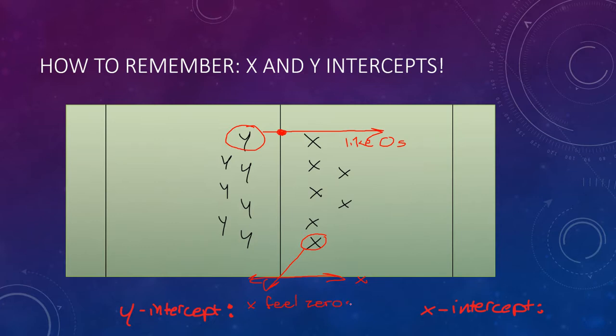And the reason why is because if you graph it, remember, X is 0 whenever you get the y-intercept. And the same thing is true for the other team. When the Y's threw the ball and the X's intercept it and ran out of bounds and they crossed the x-axis, how did the Y's feel? Like zeros. Which is why when we get to the x-intercept, the y value is always 0.